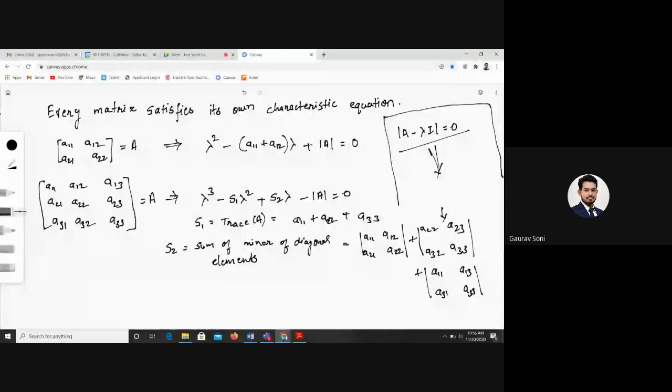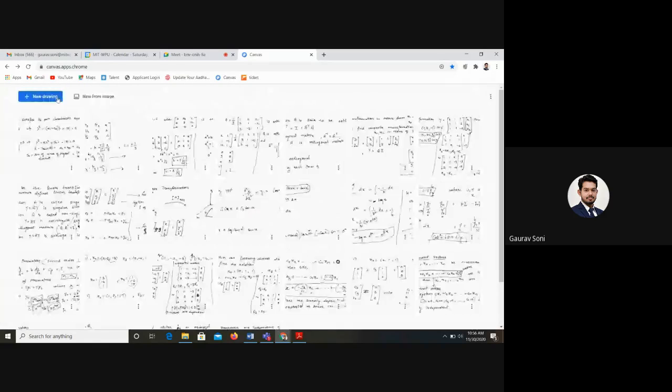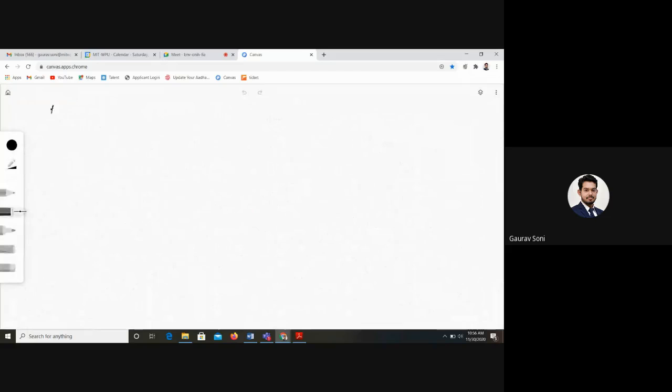So what do we mean by every matrix satisfies its own characteristic equation? By that, what I mean is, I will take a matrix A is equal to 0, minus 1, 1, 0.